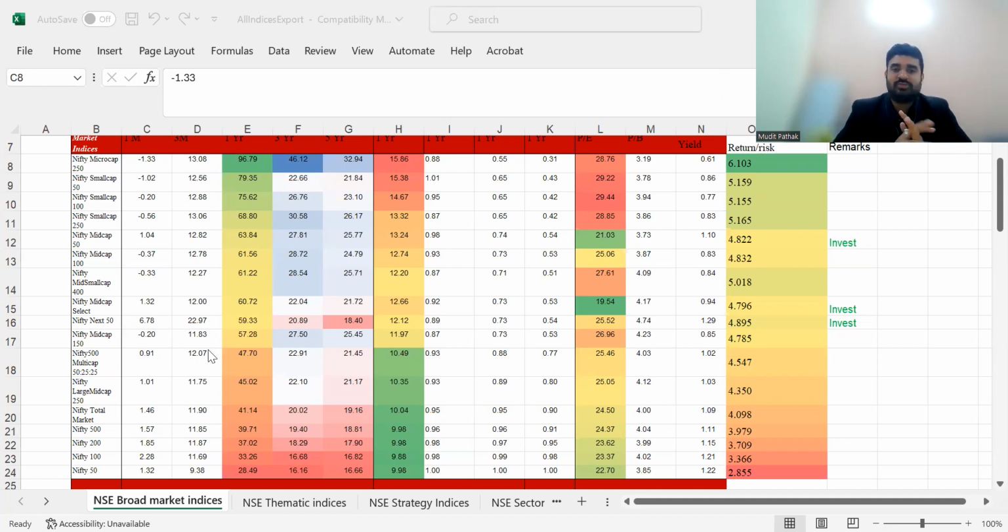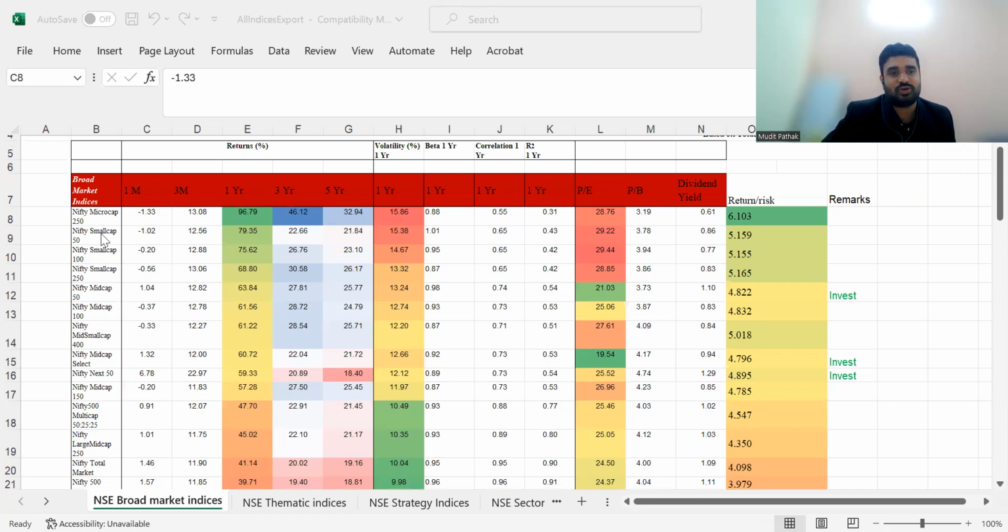These broad market indices that you see in front of you from the NSE are based on the capitalization of the companies. The cap is what? Capitalization of the companies. Today we will understand everything very easily so that it goes well with viewers who are not so aware as well.